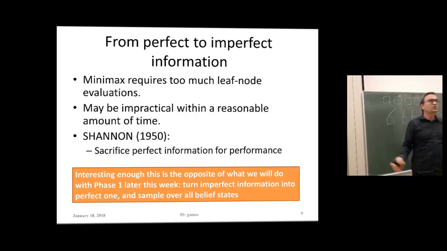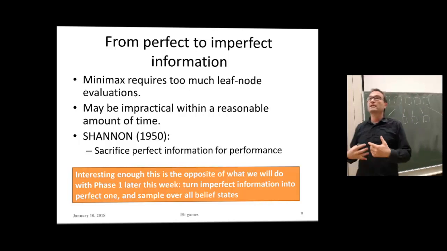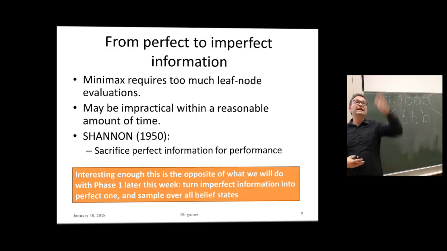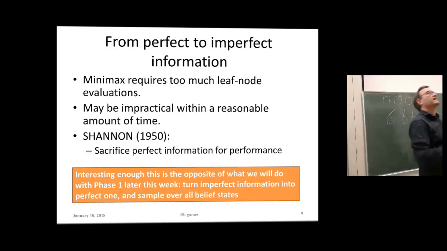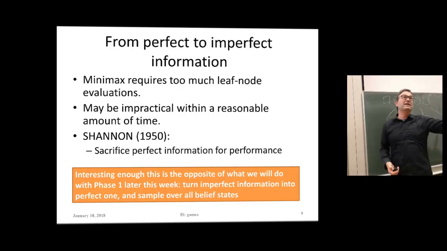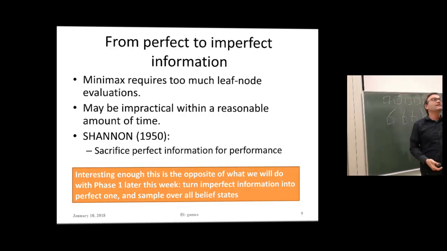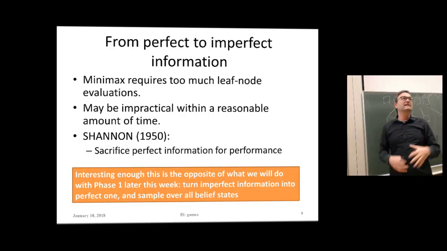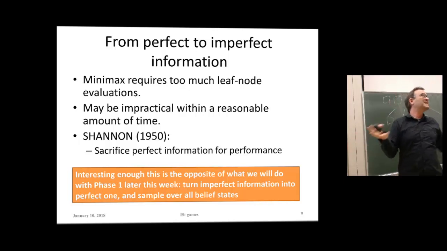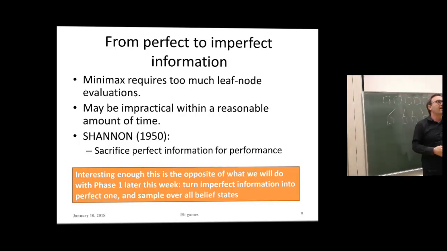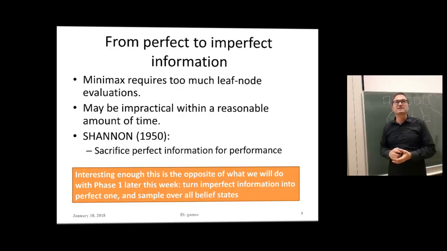One of the solutions, the Monte Carlo sampling algorithm, is simply to assume that we have perfect information and do a random rollout. So it's an interesting angle: on the one hand, we tame the complexity of the algorithm by assuming imperfection, and on the other hand, to tame the complexity of the different options we have in such a game, we assume perfect information and do sampling over this assumption.